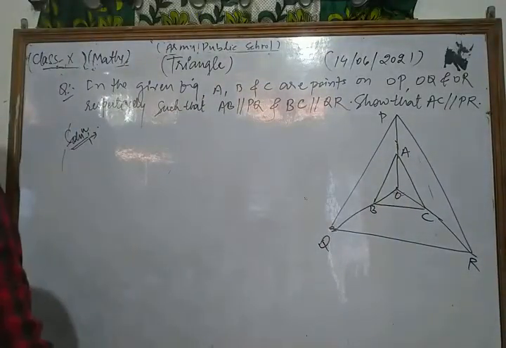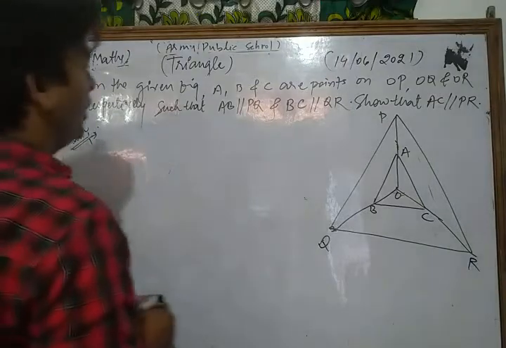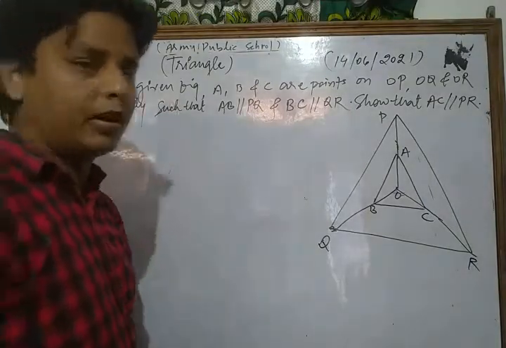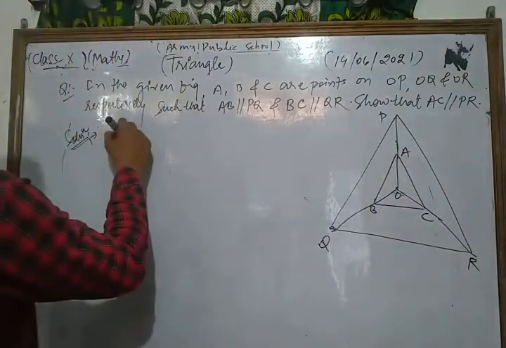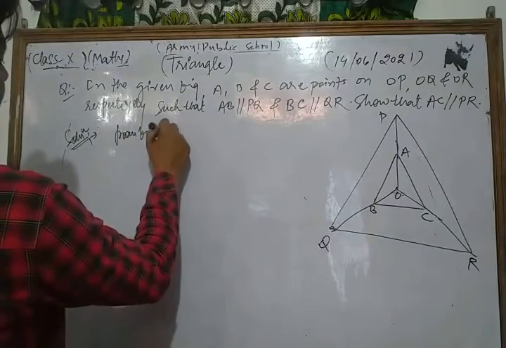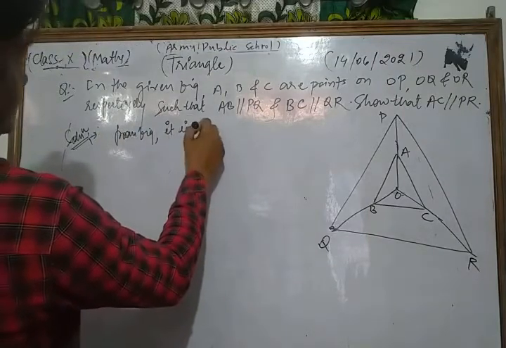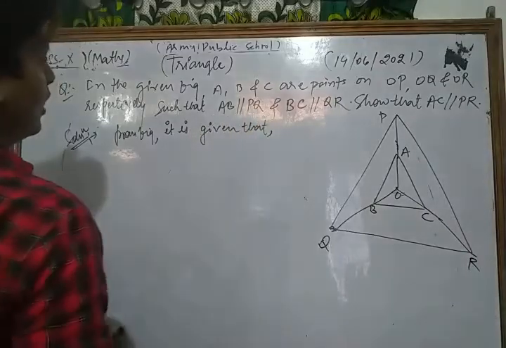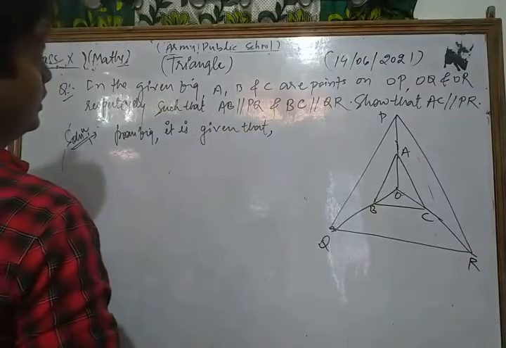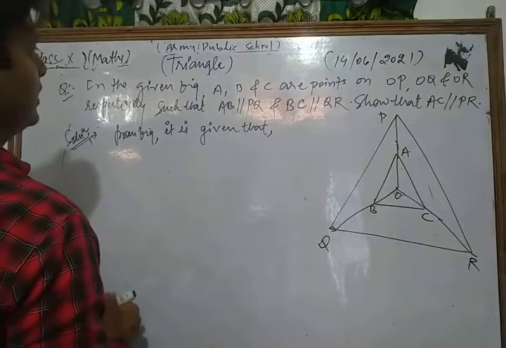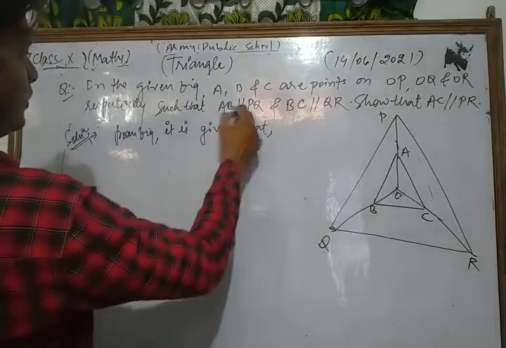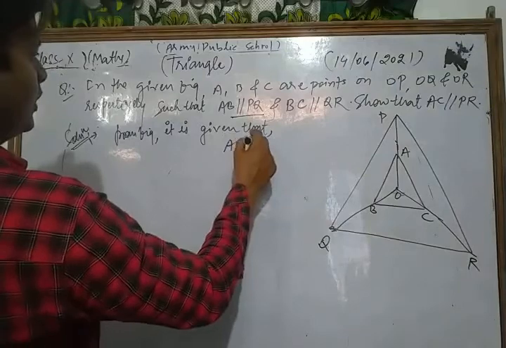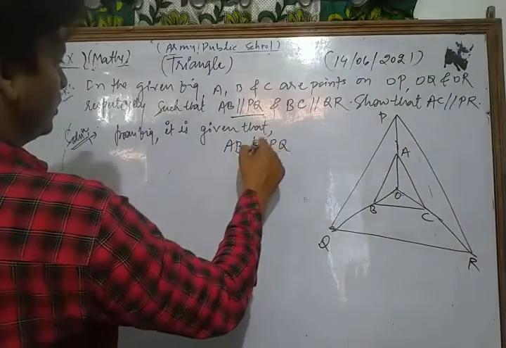Now look. From the figure, what is given? It is given that AB is parallel to PQ.